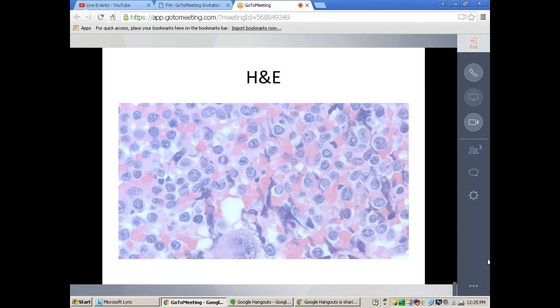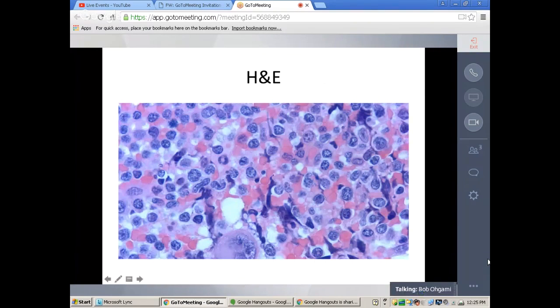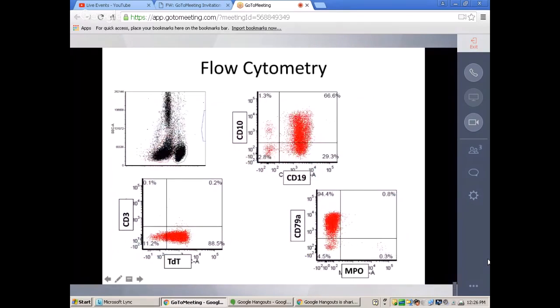The H&E is performed, the blasts are here, and again, these blasts show finer chromatin, as indicated by being able to see through their chromatin. There's a lot of white space in the nucleus, as opposed to a more mature and condensed lymphocyte, for instance, here. The flow cytometry is performed, and the immunophenotype is shown here.